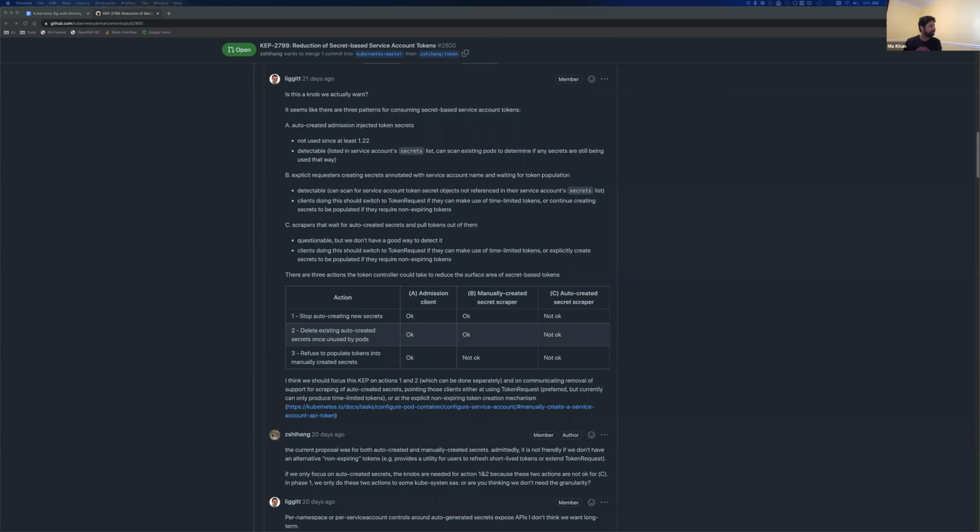When was token request GA? Was it 1.21? 1.21. Yeah, 1.21 is still quite new when you're deployed on the cloud providers. 1.17, 1.19 are quite common there. The bleeding edge of Kubernetes and the reality of Kubernetes are kind of different things.